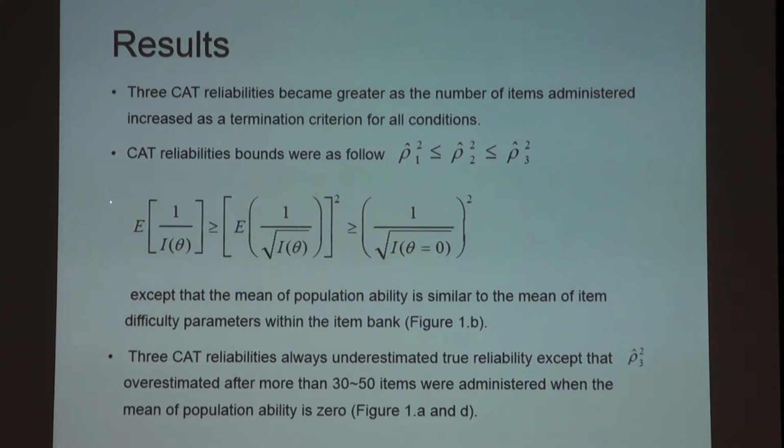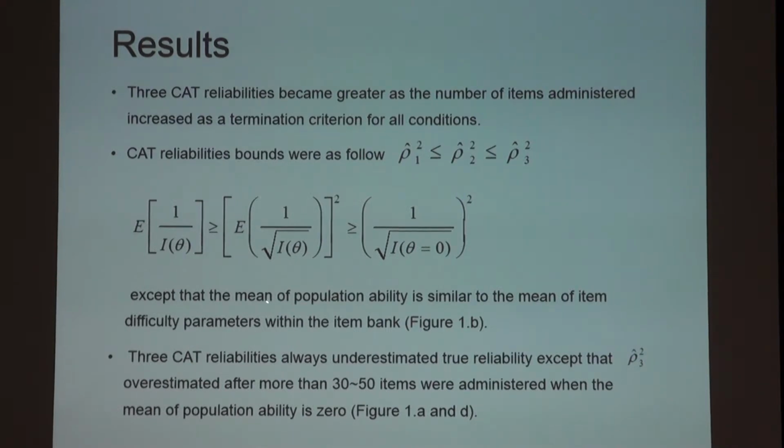Okay. CAT reliability bound, this is very general. This is the Jensen inequality method, the reliability larger than, and the harmonic mean larger than the arithmetic mean. This is very common, known in the previous research.